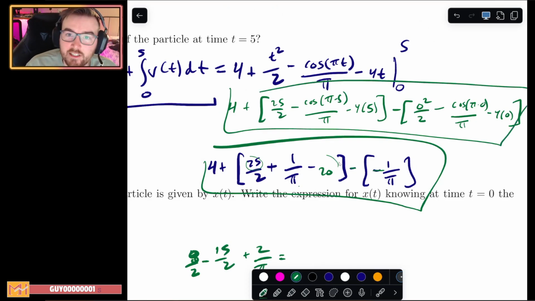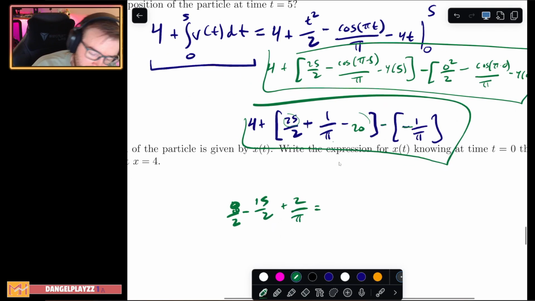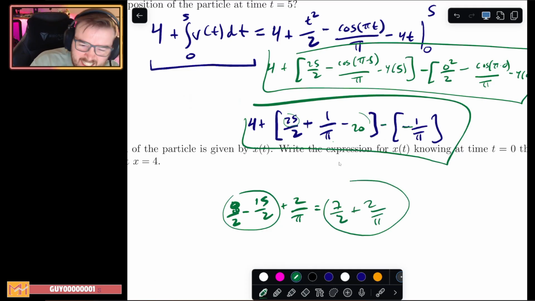That's a final answer. This simplifies a little bit nicer to 7 over 2 plus 2 over pi. I think that's about as clean as it gets.